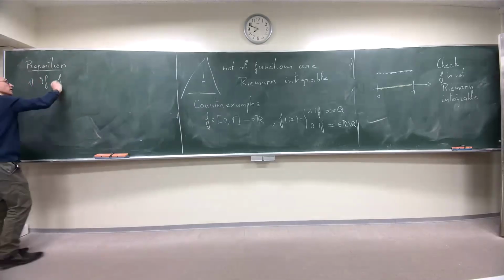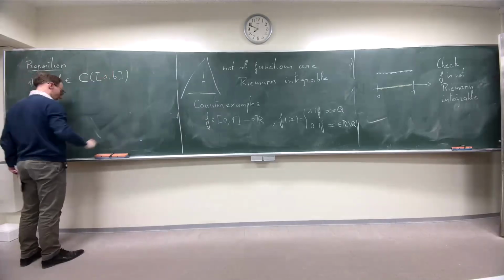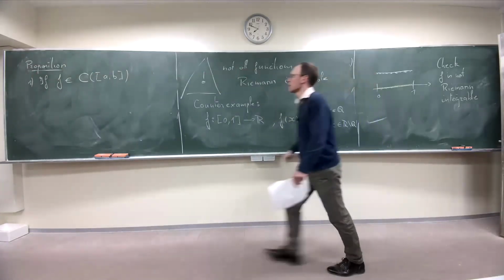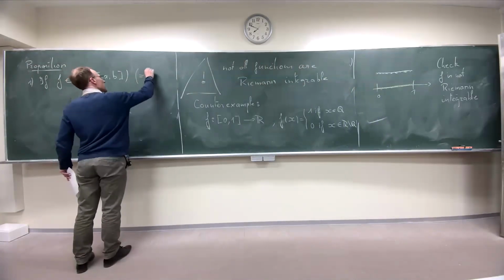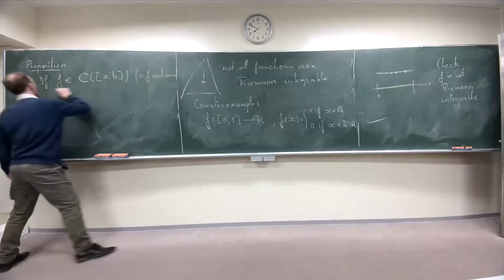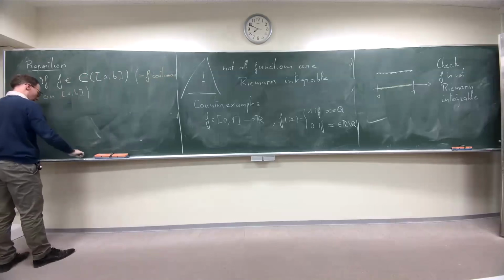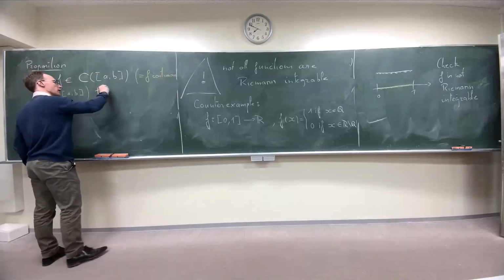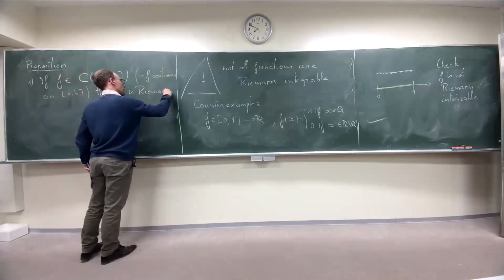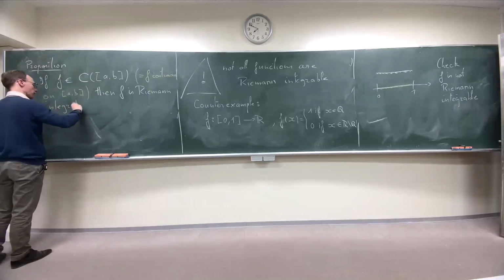If f is a continuous function, this notation means f is continuous on [a, b], then f is Riemann integrable. It's not completely trivial.